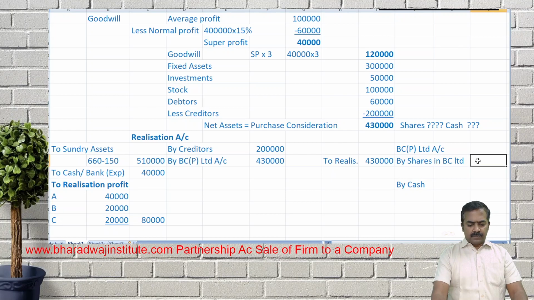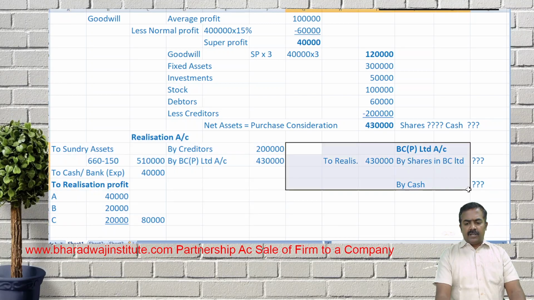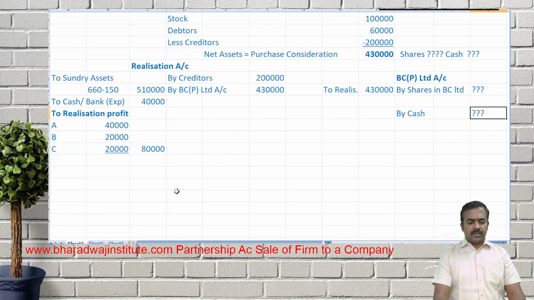By cash component we do not know, because this depends on how much is to be settled to the outgoing, retiring partner. This amount we will fill up later. So the realization account we prepared and closed. The purchasing company account we cannot decide now. We have to see based on cash availability, which we can come to only after preparing the cash account.